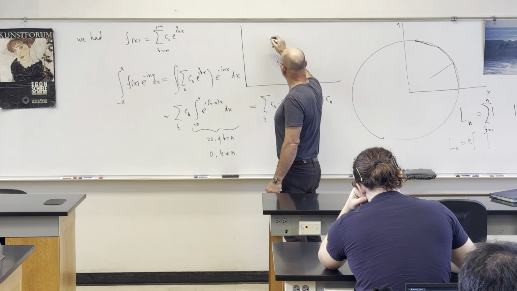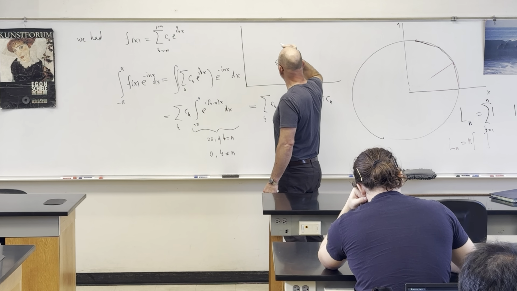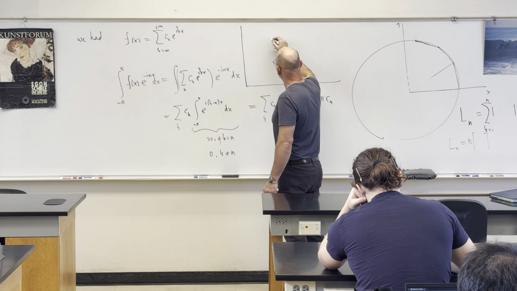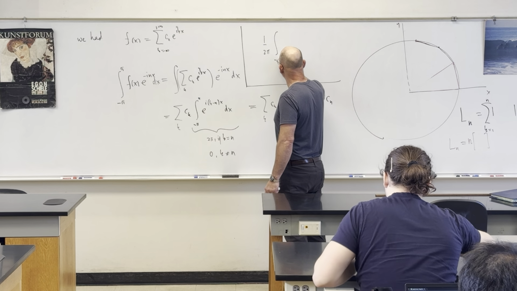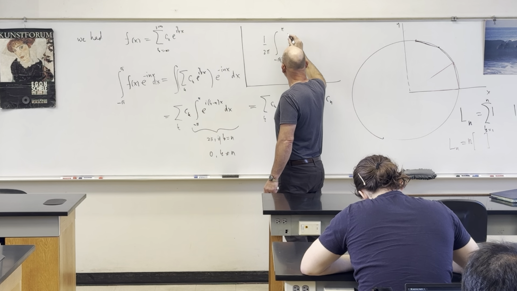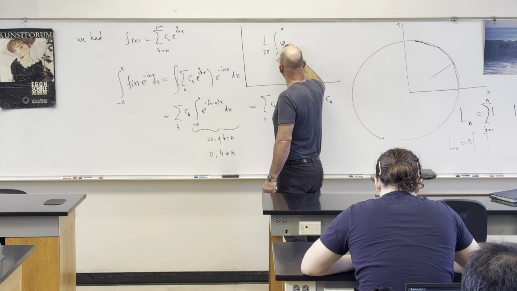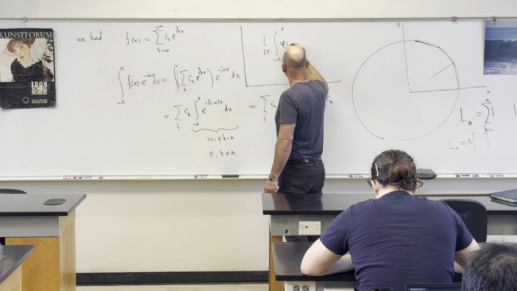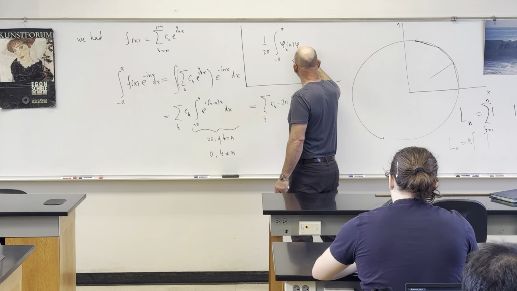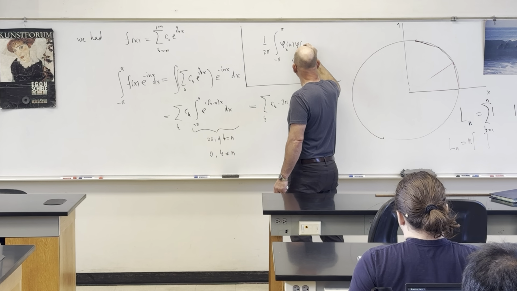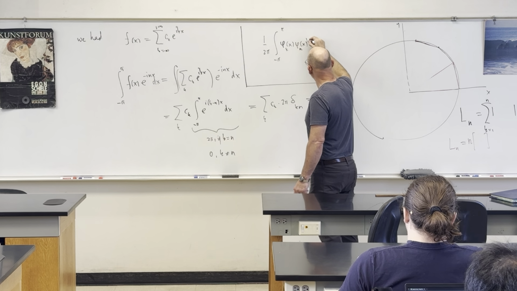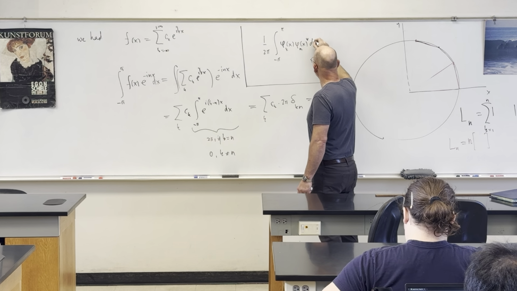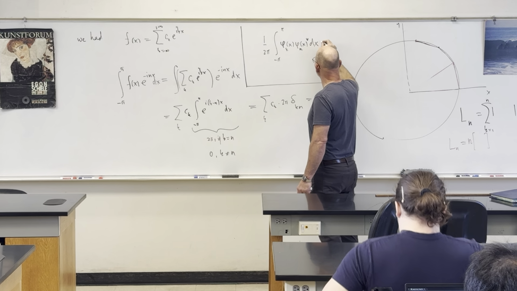So what we have is one over 2 pi times the integral from minus pi to pi of b sub k of x, b sub n of x star, dx equals delta k n.